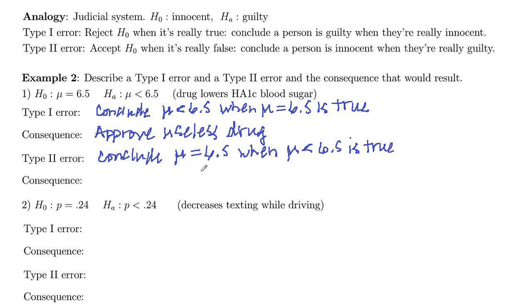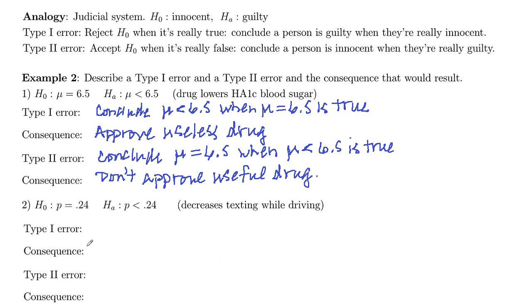Essentially, you're concluding the drug doesn't work when it really does. The consequence is that you don't approve a useful drug. People could get benefit from it, but it doesn't get approved because there was an error in the hypothesis test.